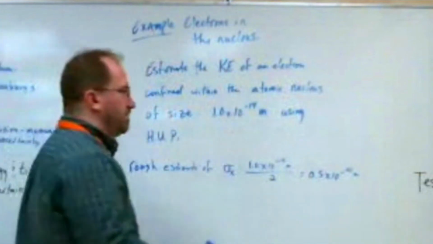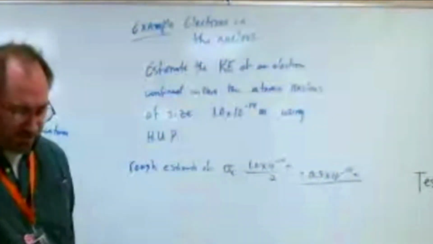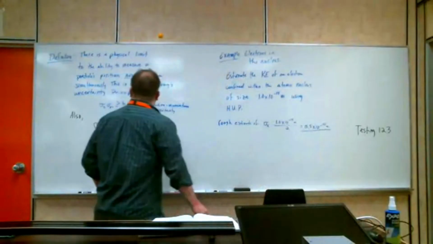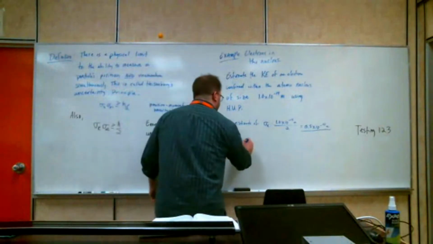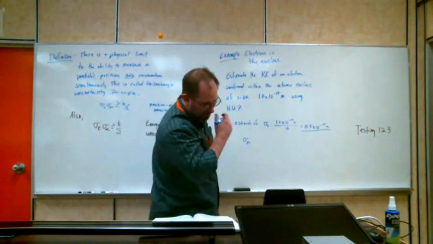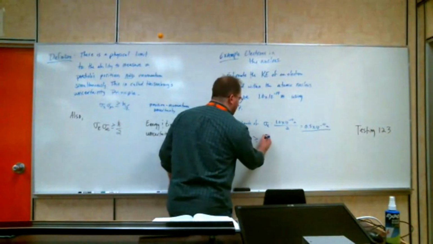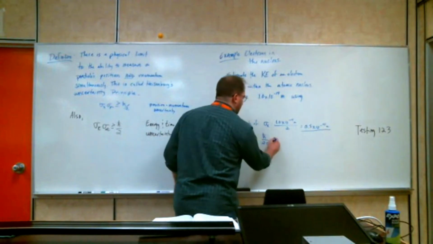We'll just take the estimate of the nucleus uncertainty to be half the size of the nucleus. We modify the position-momentum uncertainty. This must be greater than or equal to h bar over 2 delta x, or sigma x.